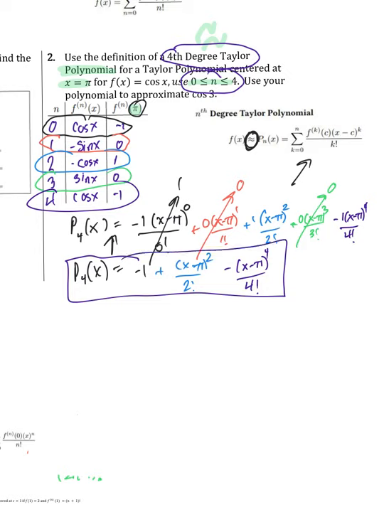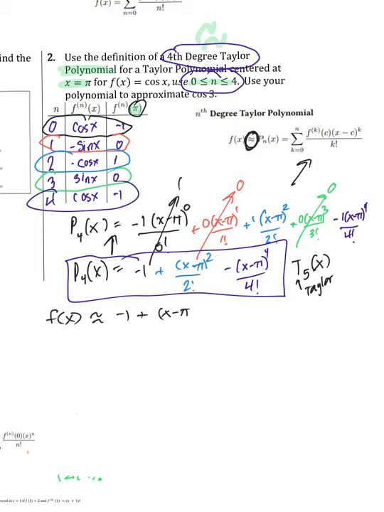Another way that you might see this written instead of the p sub 4 of x, you may also see it written as t sub 4 of x, t standing for Taylor polynomial. It's just good to be familiar with both of those notations in case you see it one way or another on an assessment question. So what we can say is that f of x is approximately this polynomial.